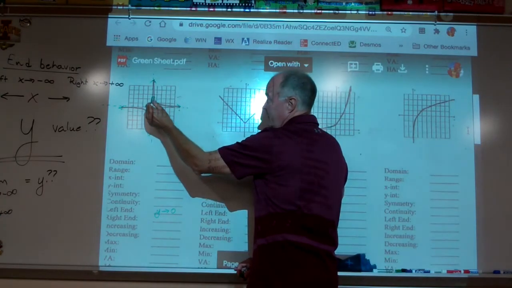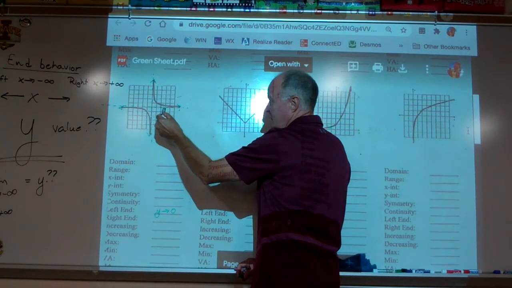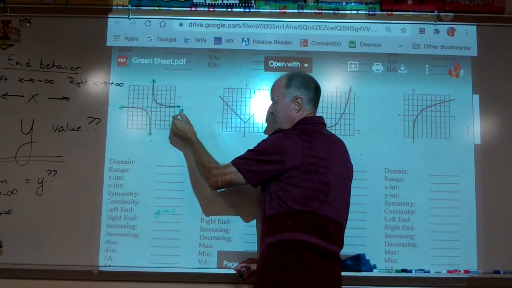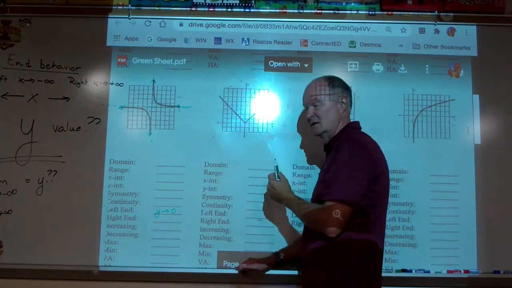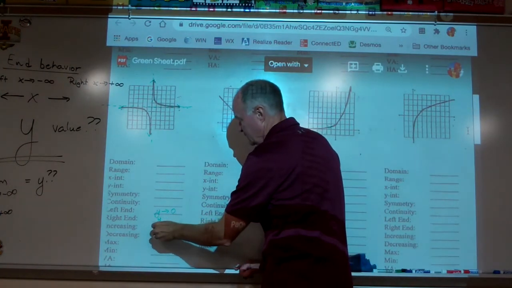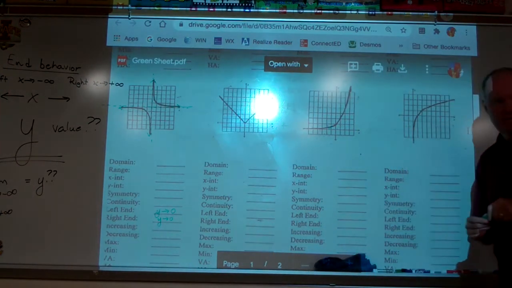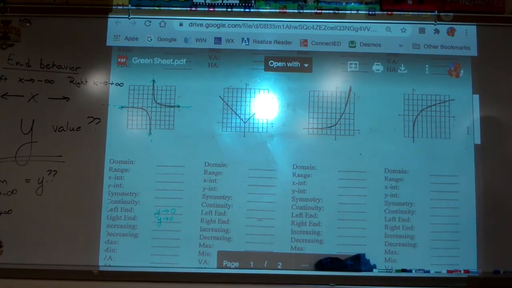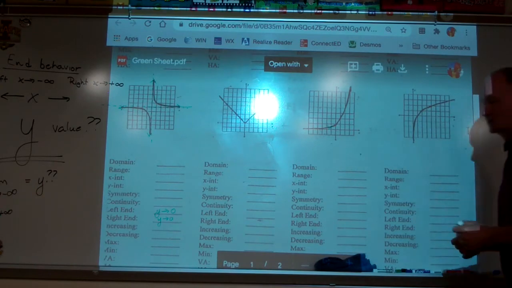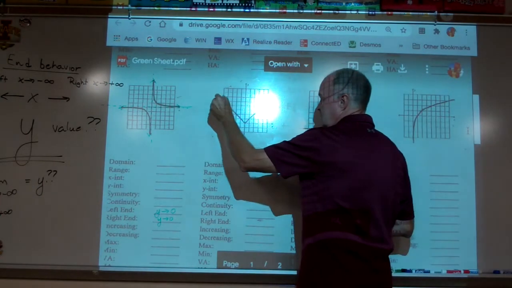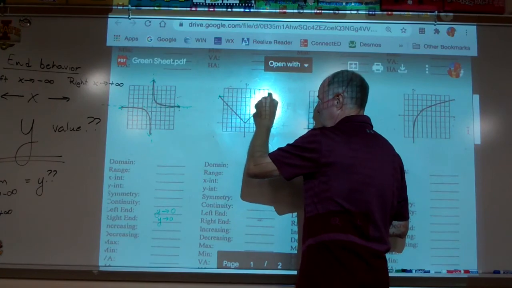Well, the right end, if I get over here, the right end is also getting closer and closer and closer to the x-axis, which is also at a y value approaching 0. So they're both going to approach 0. And then the last one, the absolute value.